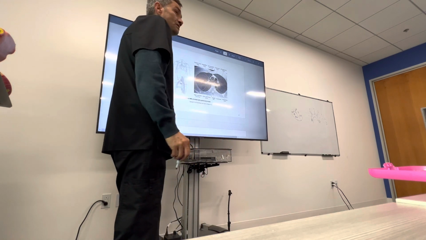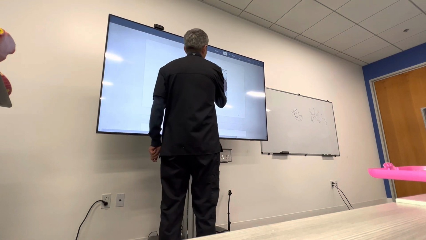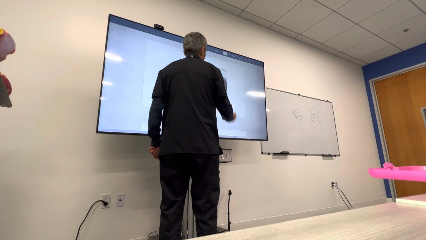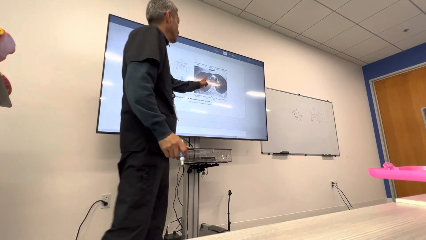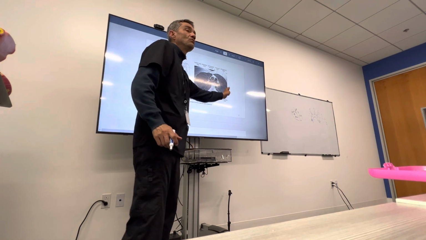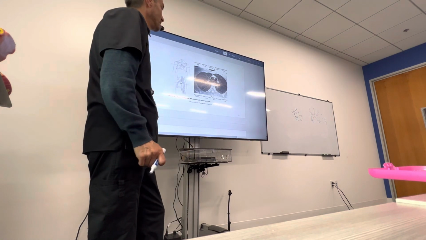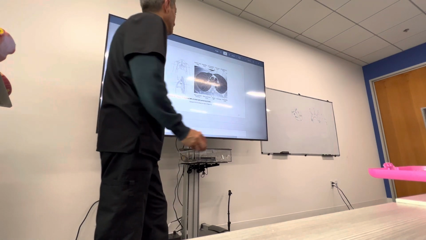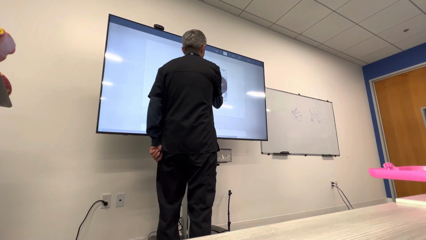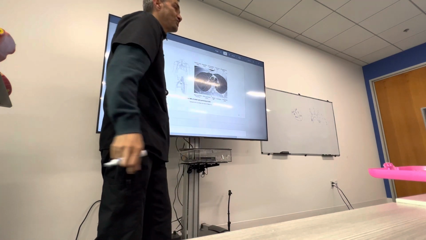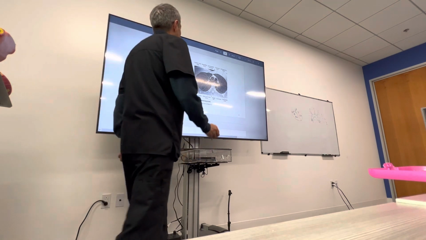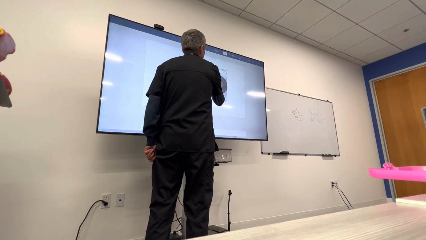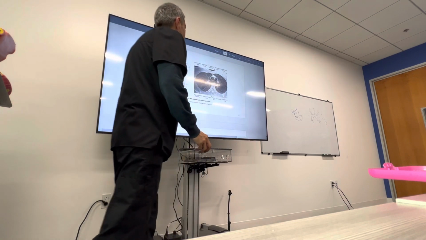And of course, the right and the left pulmonary artery, no brainer. The one that goes to the right is the right one, and the one that goes to the left is the left one. Now, the bronchus is posterior to the right pulmonary, and the superior vena cava is anterior to all of the above.